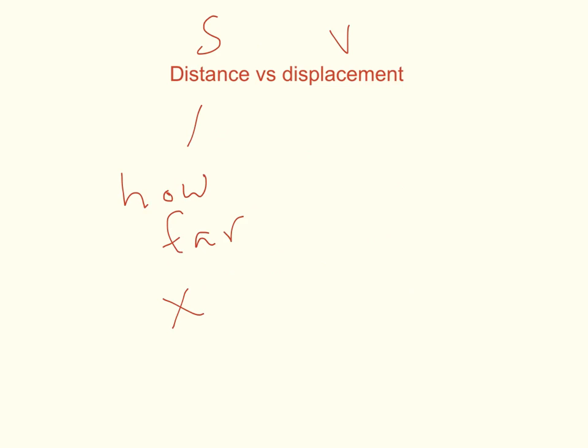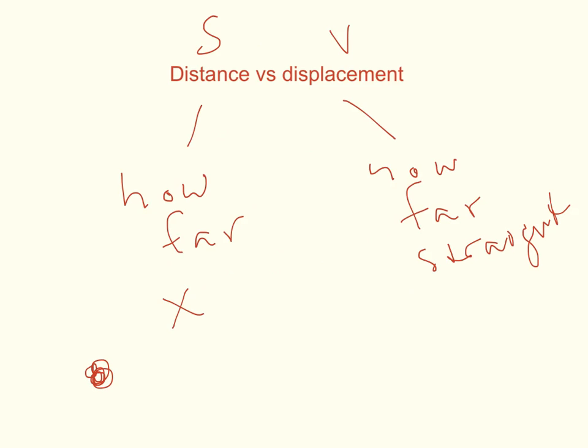Now, displacement is how far in a straight line from your starting point to your finish point. So if this is my starting point up here and this is my ending point, my distance could be any possible way that I go there. For example, I could go this way and just curve all around.